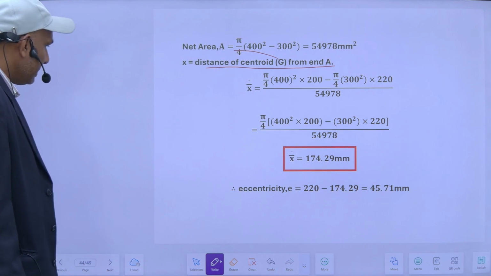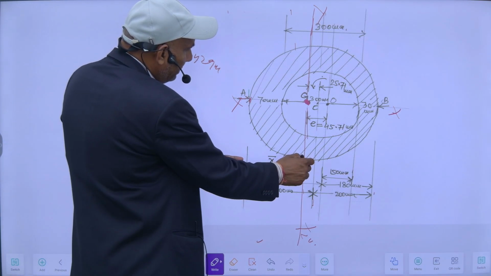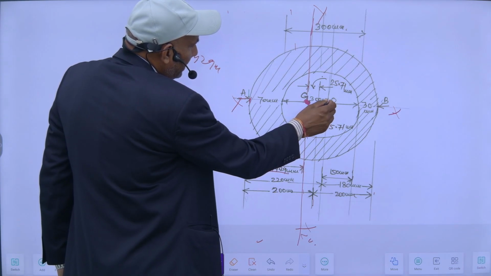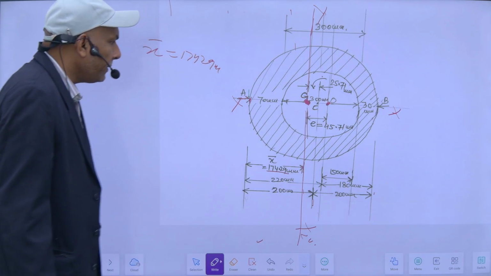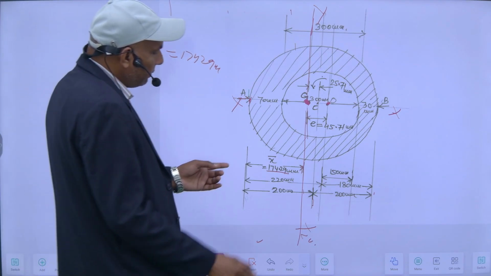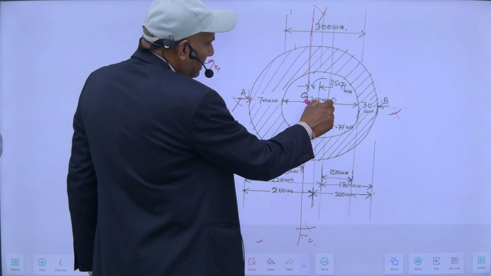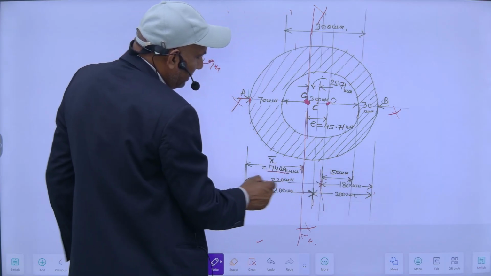So my eccentricity obviously will be, this is 174.29. So my load is acting at this point. So the position of this load, from this to this, is the eccentricity. So this is 174.29 mm obviously, and this is 180 from here, and it is total 400.